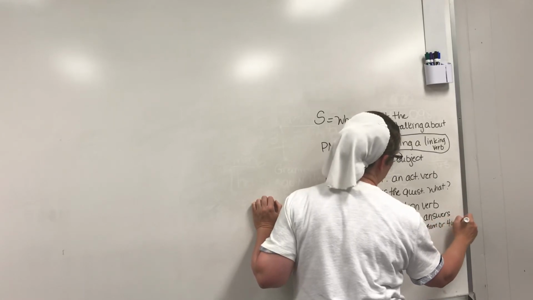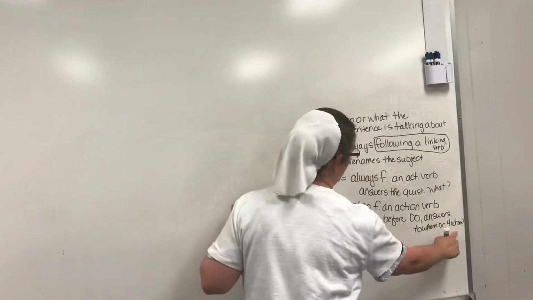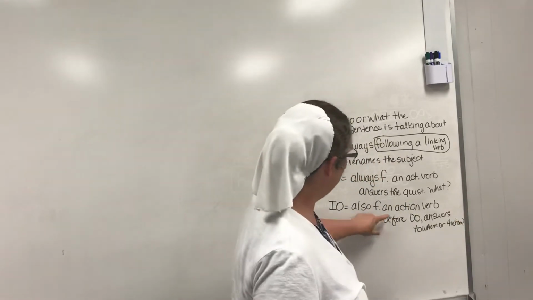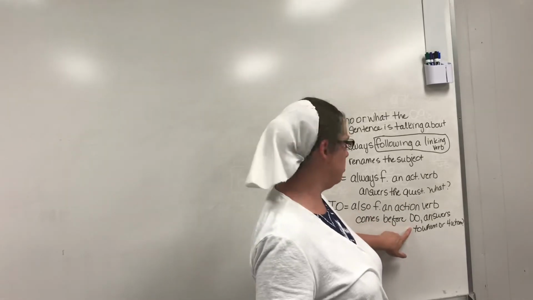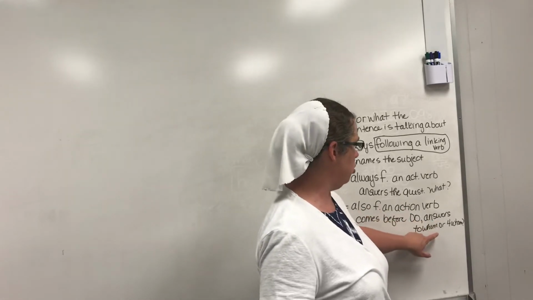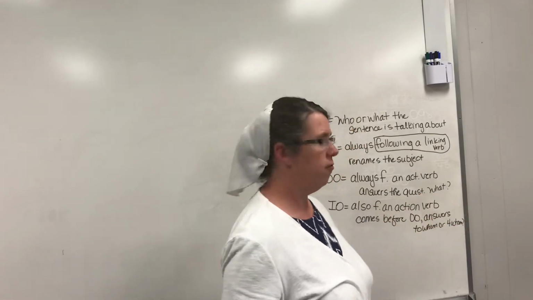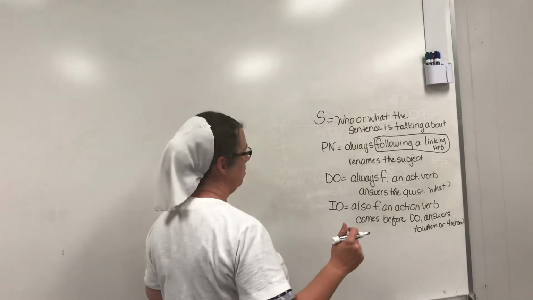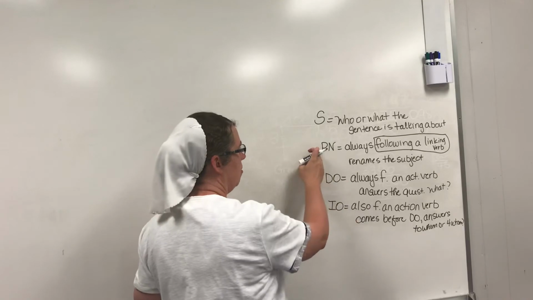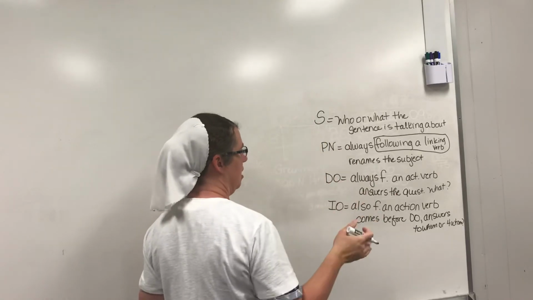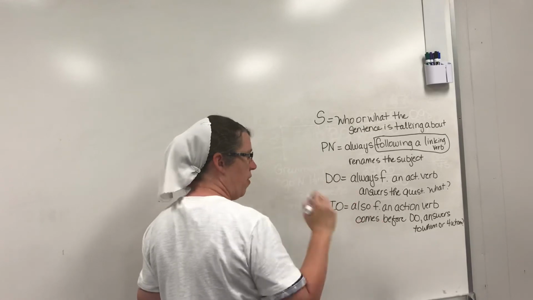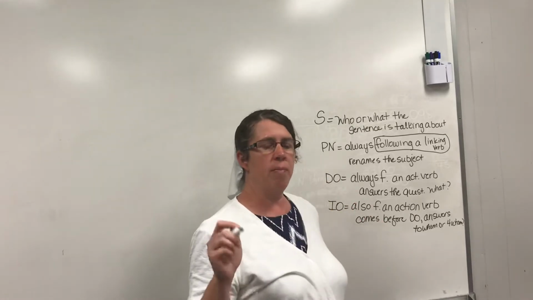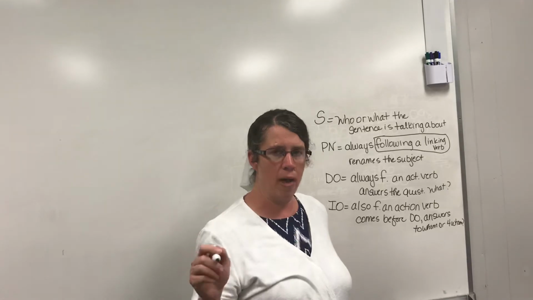I'm really shortening things up here. It always comes before the direct object and answers the question to whom or for whom. Just remember, predicate nominatives have to have a linking verb. Direct object has to have an action verb. Find your verb, and then it will be easy to decide what is what.